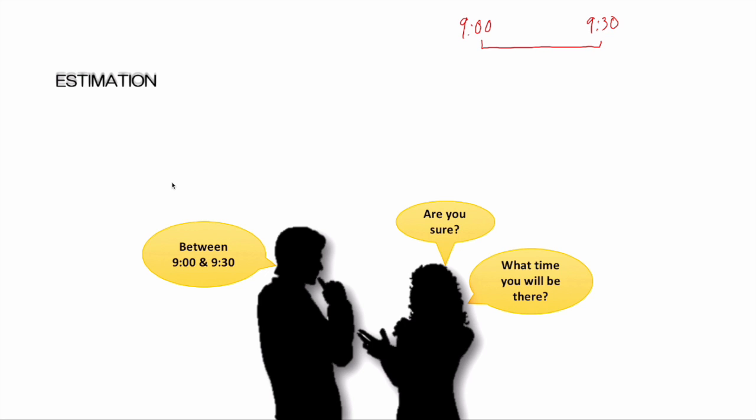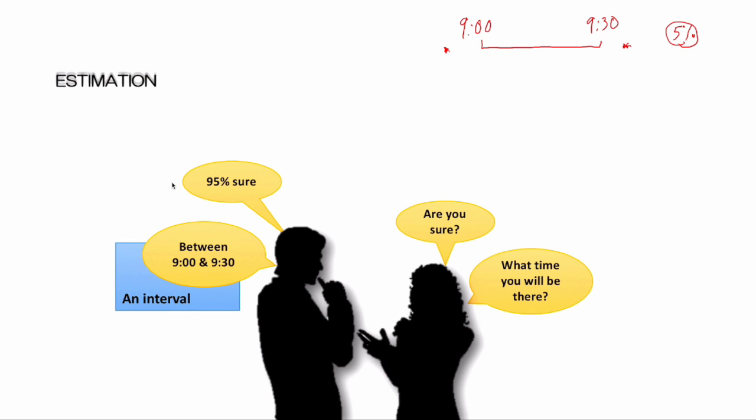If she asks, "Are you sure at between 9 and 9:30?" and he says 95%, "I'm sure," it means that there's a 5% possibility that he comes earlier or later than this period, which is a small possibility. We can see that in this estimation they are using an interval and also a level of confidence.